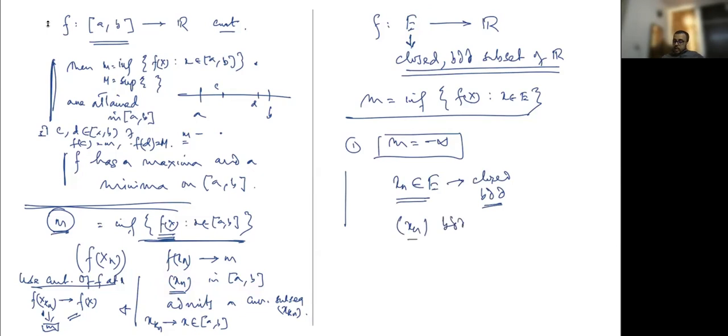And then we know that it admits a convergent subsequence in R. The next point is that this limit should belong to E. And why is it so? Because E is closed. You have a sequence now in E which goes to a limit. So that limit has to be in E. So this closedness gives you that.